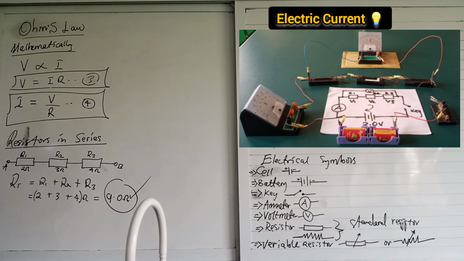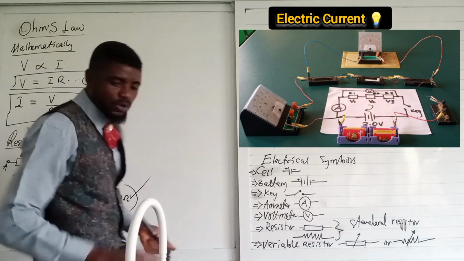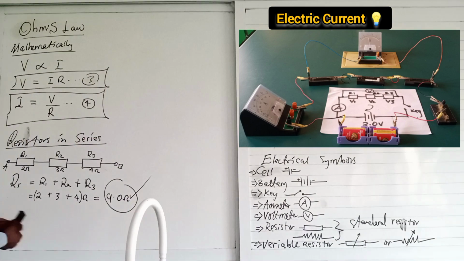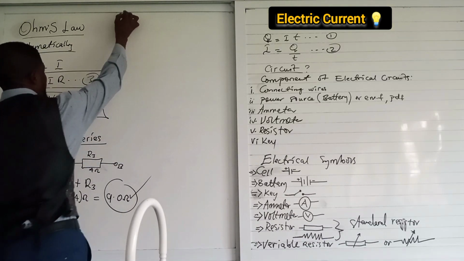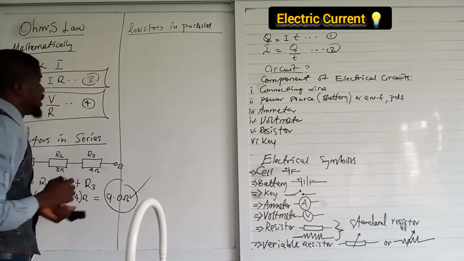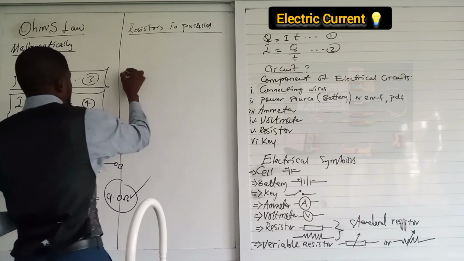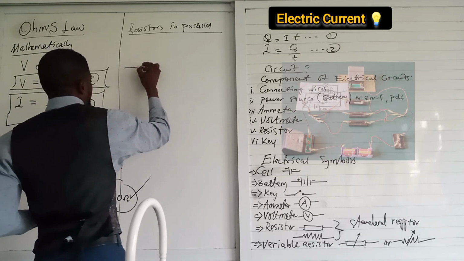So what happens when you connect these same resistors in parallel? When you connect resistors in parallel, this is how it looks like. When you have resistors in parallel, you have something like this.